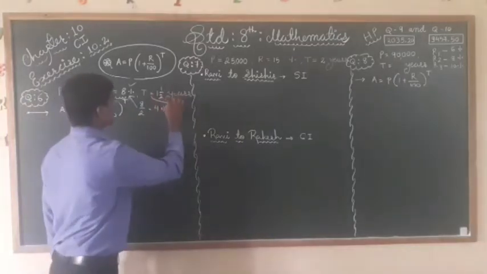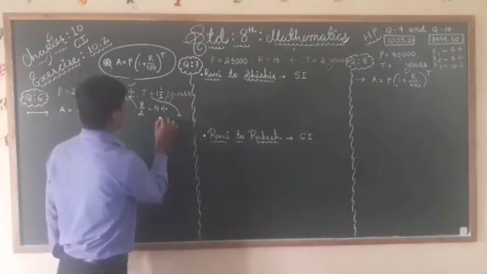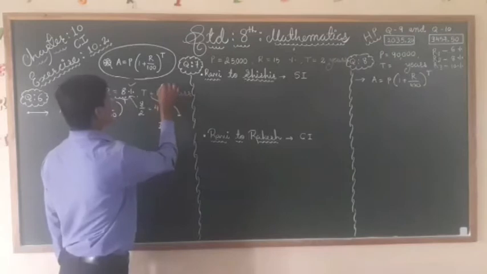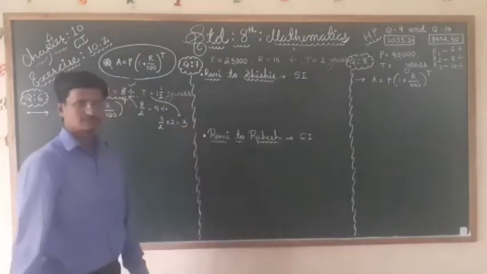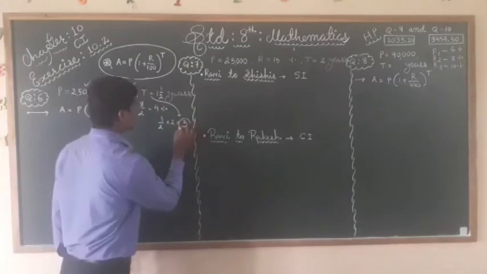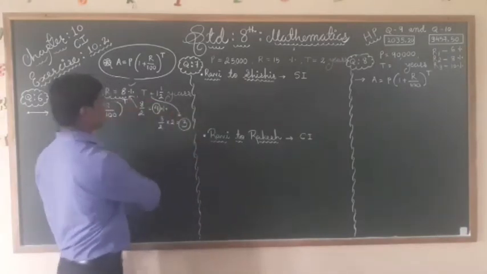Now the same thing here, half yearly. So here 3/2, 2 into 1/2 plus 1, that is 3/2, multiply by 2, so you will get 3 half-years. So your T is 3 and R is 4.